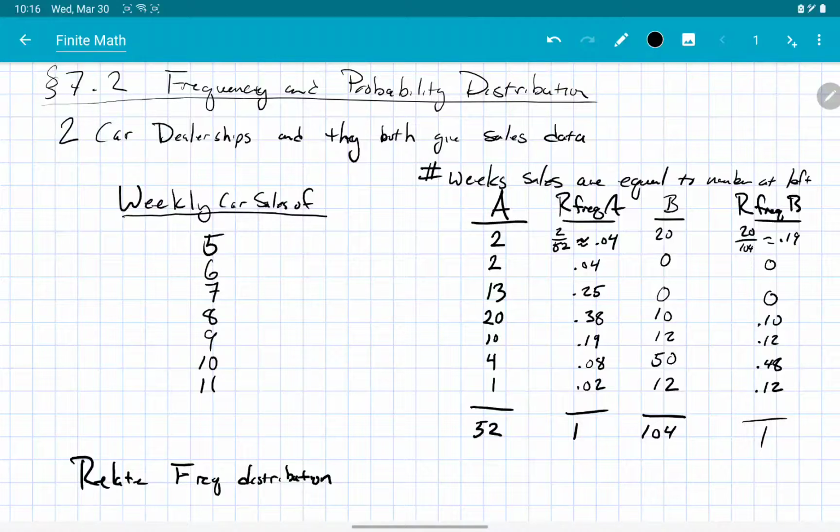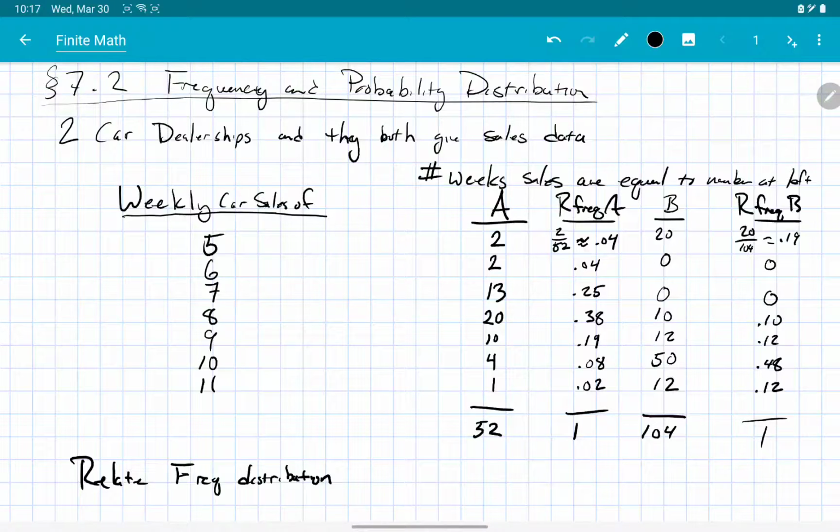Now we can compare these dealers a little bit better. Now we can see, okay, well, 38% of the time dealership A sells 8 cars, but 48% of the time dealership B sells 10 cars, right? So now it's a little bit easier to compare these two dealerships because we have the relative frequencies. Okay, that's what we mean by a relative frequency distribution.